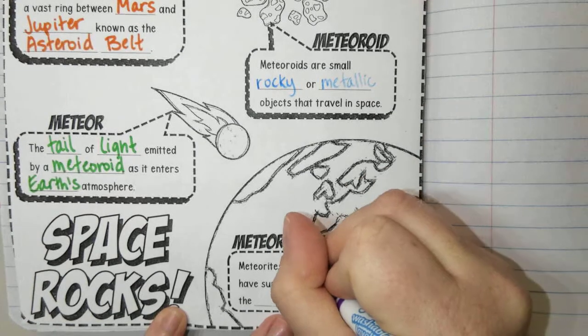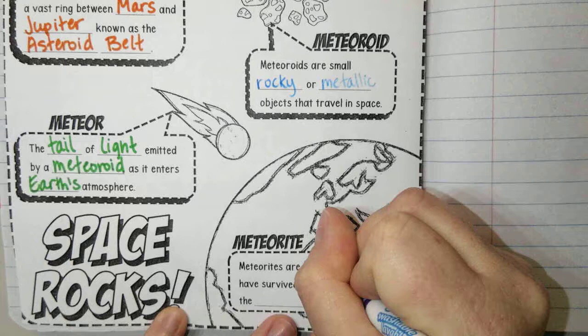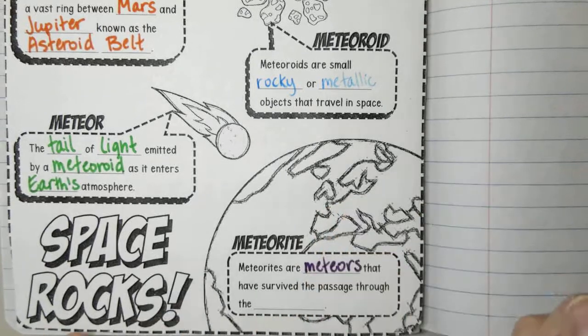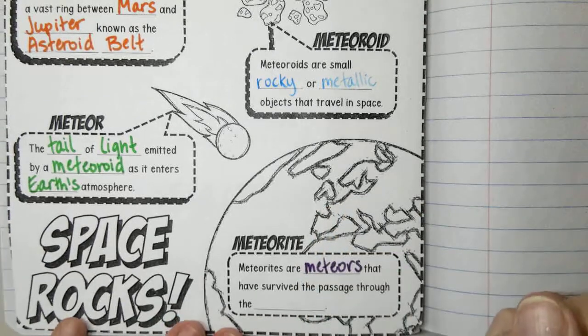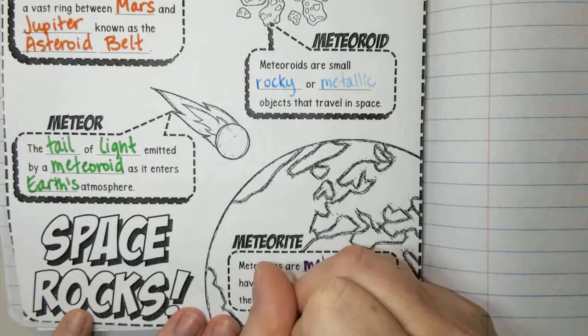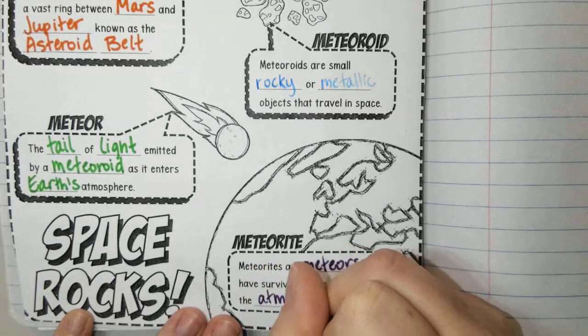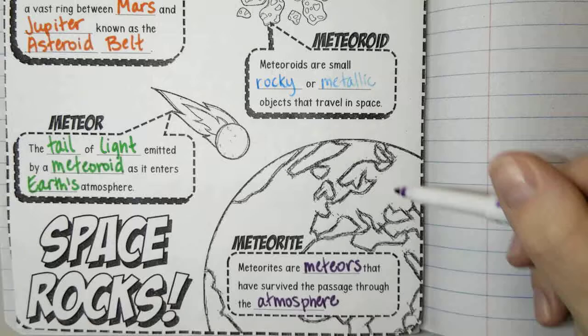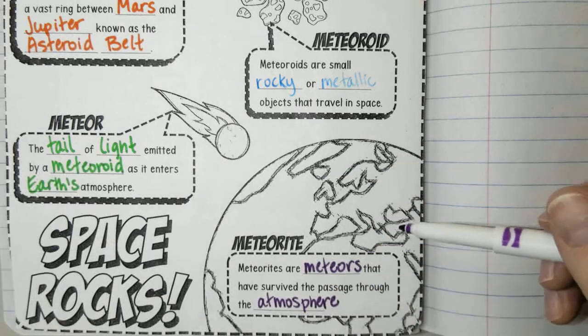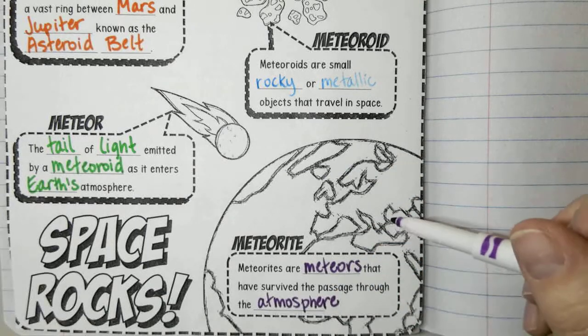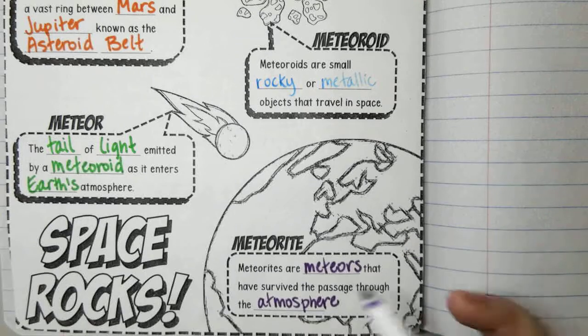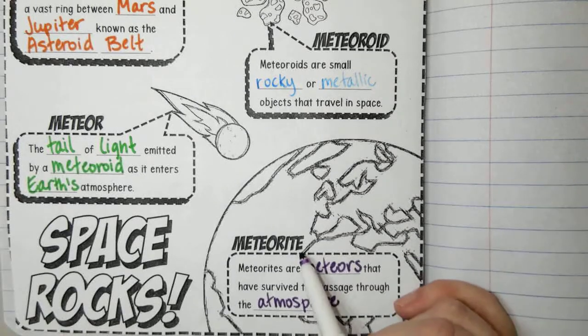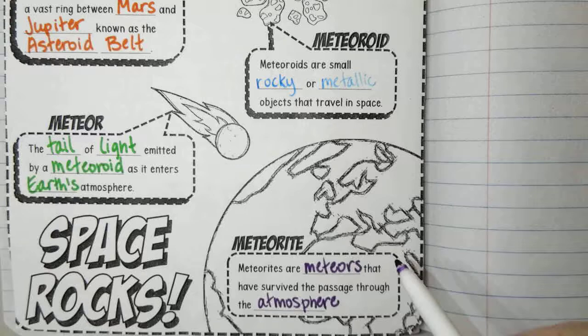Okay, so meteorites are meteors that have survived the passage through the atmosphere. And so just like you see how there's a picture of Earth behind it, think of it as these are the ones that have actually hit the Earth. I think about it because it ends in an E, like Earth. It's the only one that ends in an E. So these have made it through the atmosphere and have hit the Earth.